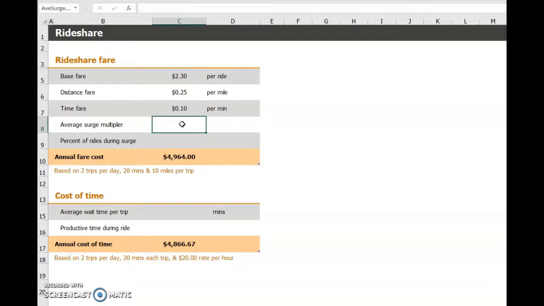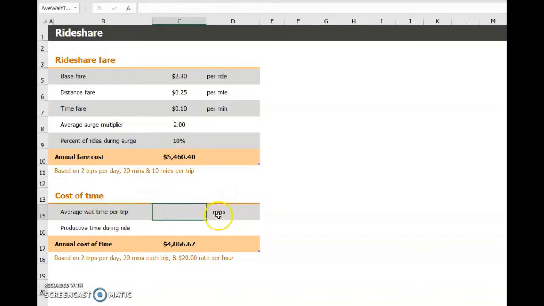So we'll calculate this at 2. Maybe it doubles. Percentage of rides during that surge period. As you can see, there's a lot that goes into this.